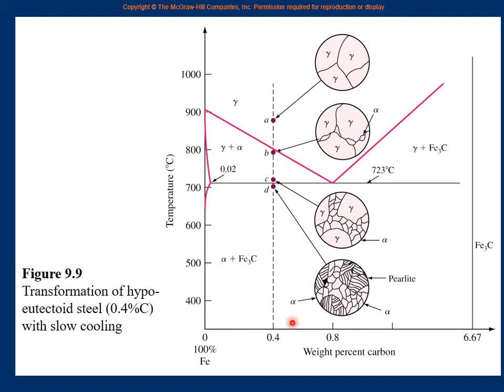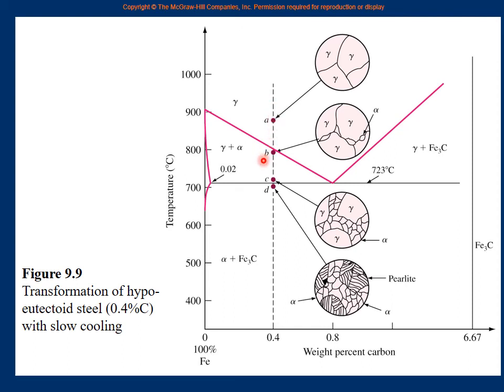This is an example of a hypo-eutectoid steel. Hypo. I could have taken 0.1% carbon, 0.2%, 0.3, 0.4, 0.5, 0.6, any carbon example, where the percentage of carbon is less than 0.8%. Then any steel here is hypo-eutectoid steel. So whether it is here or here or here, it will behave in the same way: at a higher temperature of 900, 1000 and so on, it is all gamma.